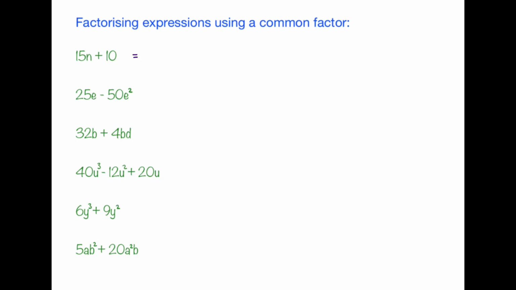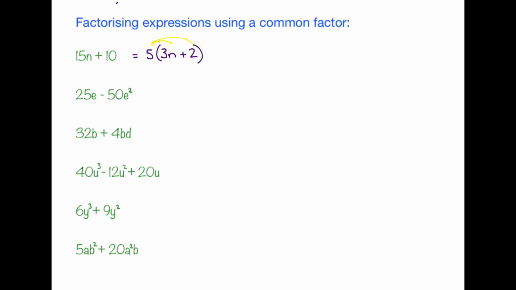So the highest number that goes into 15 and 10 is 5. So we're going to take out 5 as a common factor, and then we put the partners in the bracket so that when we multiply it out in the usual way, we get 15n plus 10. So 5 times 3n gives us 15n, and 5 times 2 gives us 10.